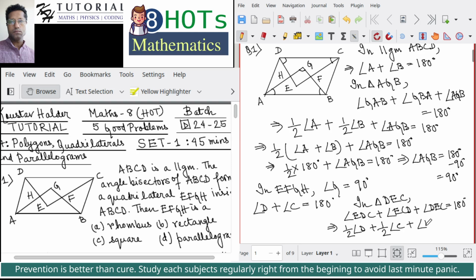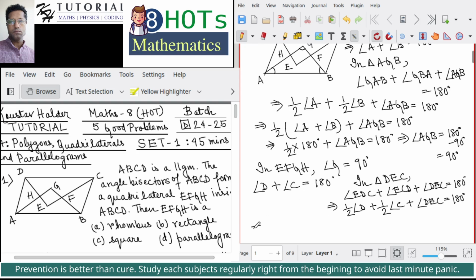So we have this equal to 180 degrees. This implies half of angle D plus angle C, plus angle DEC, is equal to 180 degrees. That is, half of 180 degrees plus angle DEC is equal to 180 degrees.